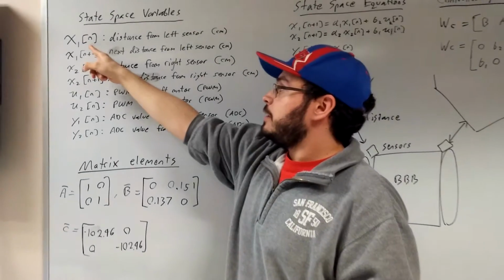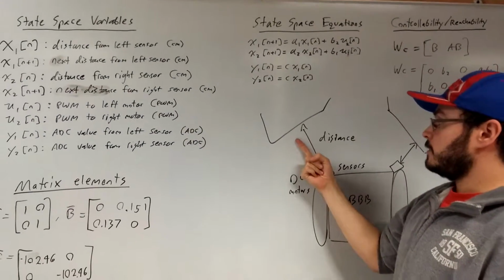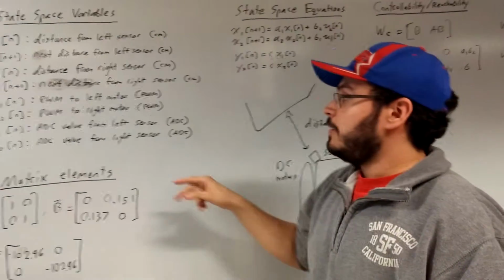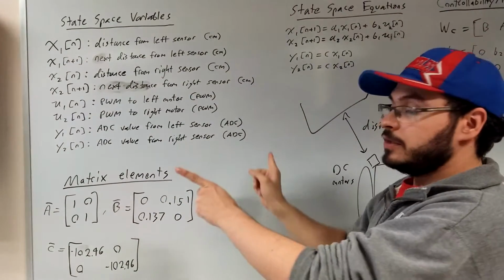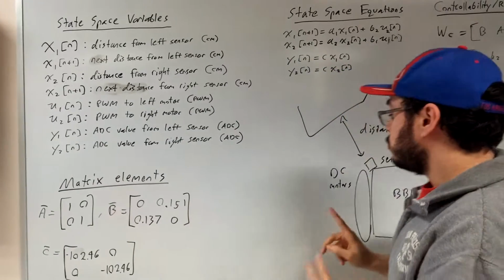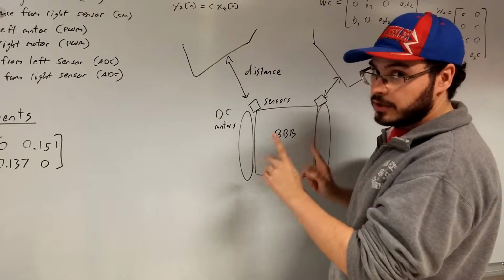Explaining this in state-based variables, I have them listed right here. x1 is the distance from the left sensor. x2 is the distance from the right sensor. And x1+ and x2+ are just the next distance from the left and right sensor, respectively. u1 and u2 are the control PWM signals that are sent to the DC motors, which control how fast they go and where they turn.